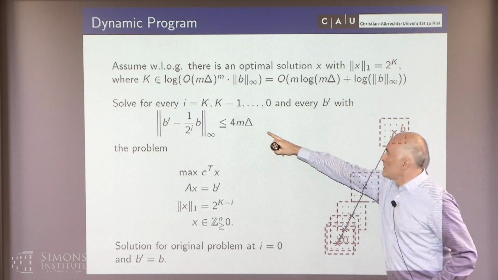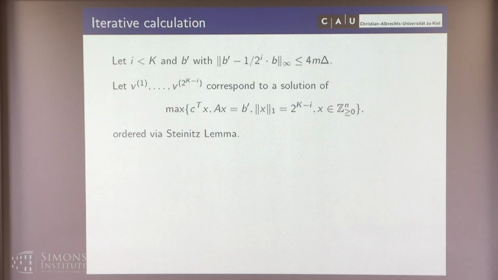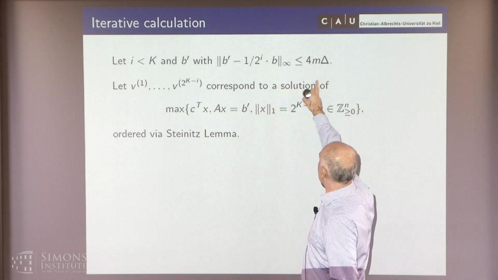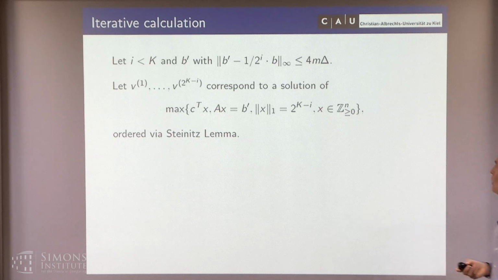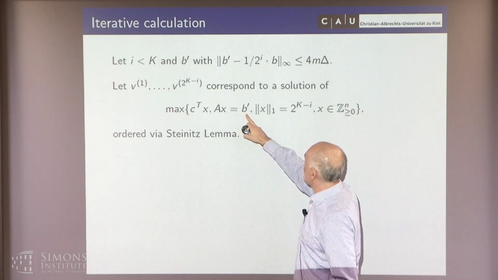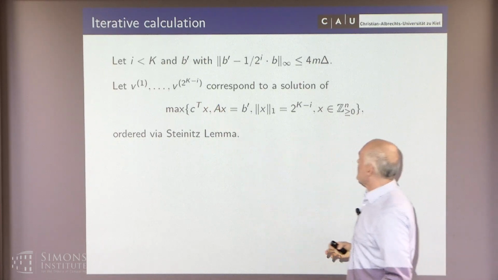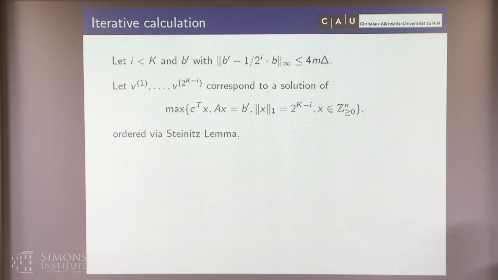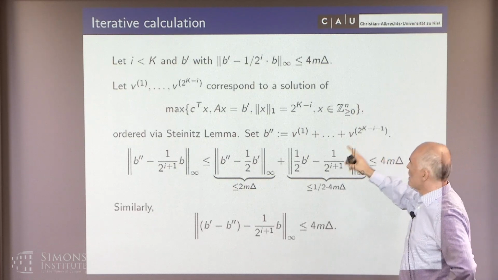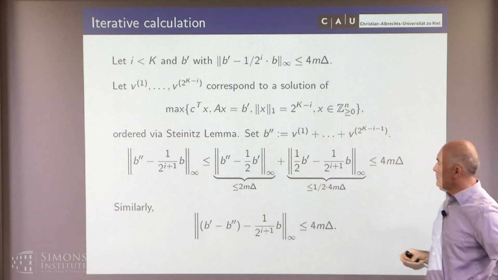So why do we use this value here for the bound? Suppose we have one iteration i, we have a right-hand side that's close to the diagonal with value 4m delta. And that means we have a solution with this right-hand side with these vectors, our optimum solution ordered by the Steinitz lemma. And what you do now is take half of the vectors and look at b double prime.